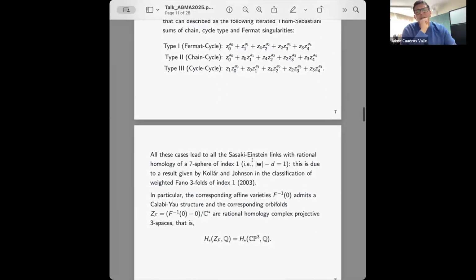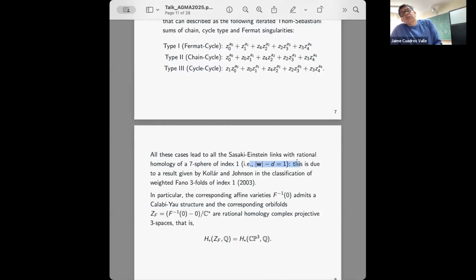Of course, with some arithmetic condition that is called the Fano index, these polynomials can be considered as inside a weighted projective space and with certain degree. So the degree of the polynomial in that weighted projective space has to satisfy this condition. The Fano is usually called the Fano index.